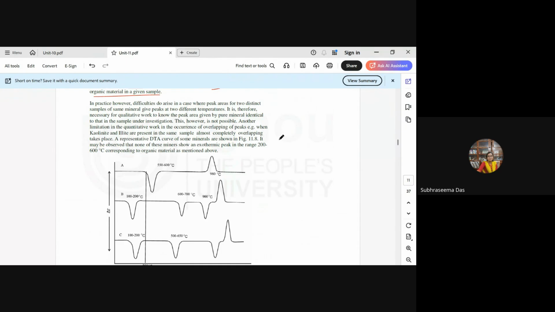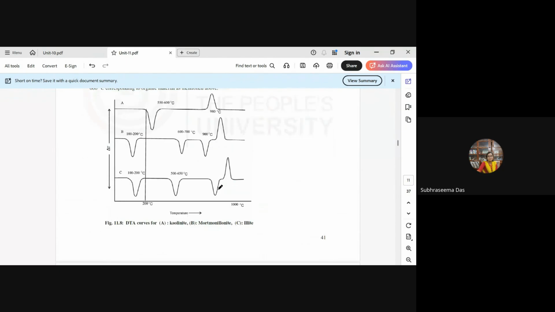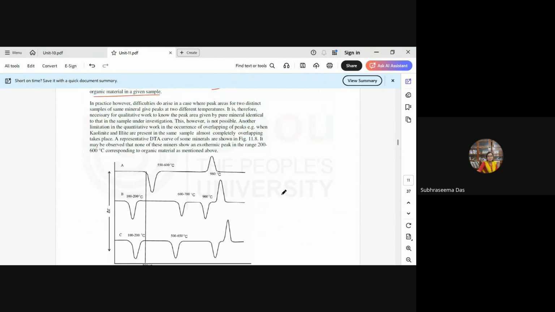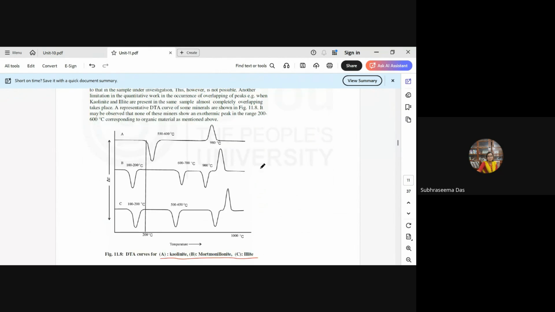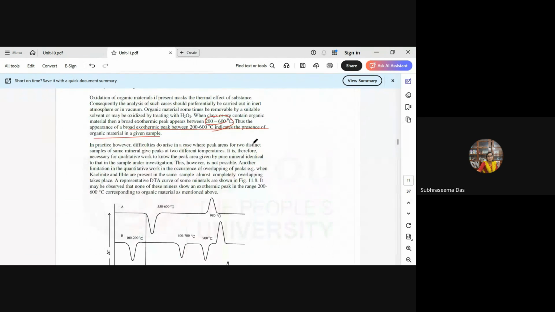Here an example has been given. Kaolinite and illite are present in the same sample, almost completely overlapping. Here are the DTA curves for three types of clays, that is kaolinite, montmorillonite and illite. You see that for kaolinite and illite, almost similar types of DTA curves have been shown.